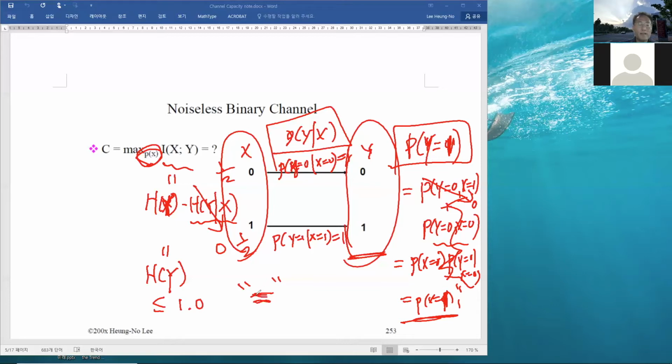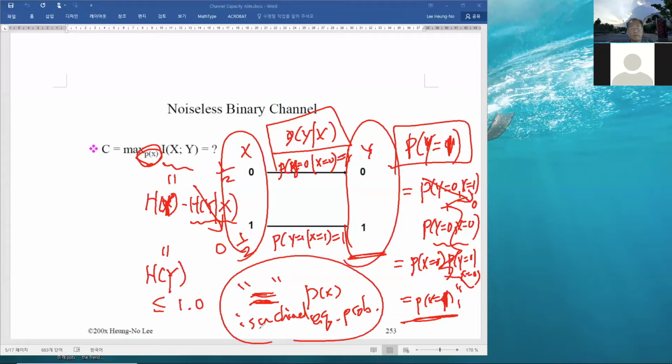Then this equality can be achieved when p of x is an equiprobable distribution. Equality is achieved when p of x is equally probable. Since it is achievable, the capacity is equal to 1.0.